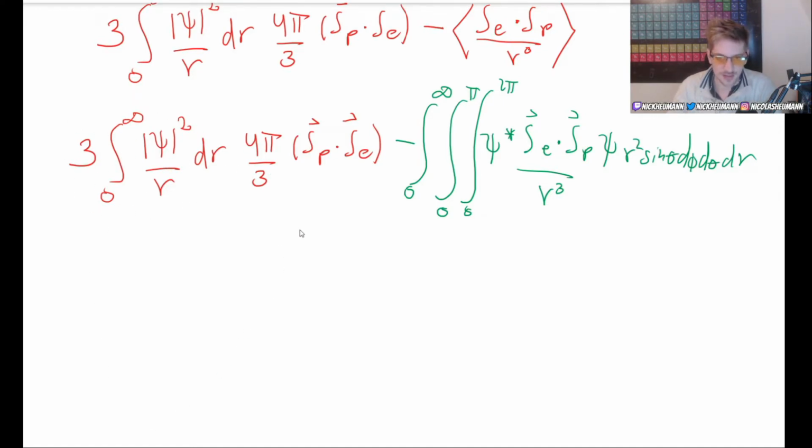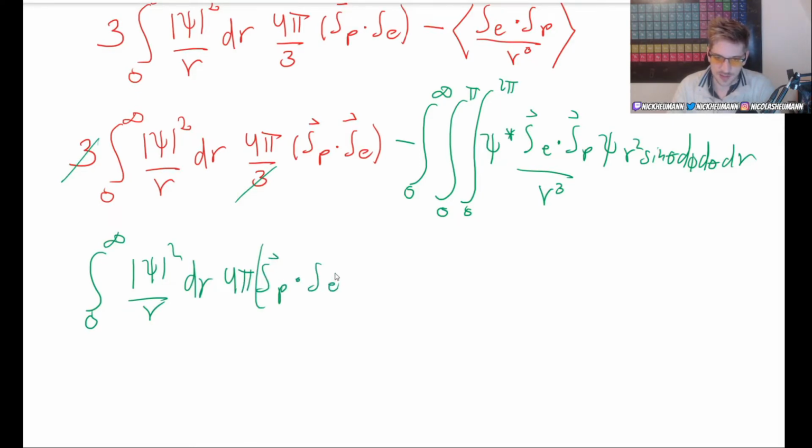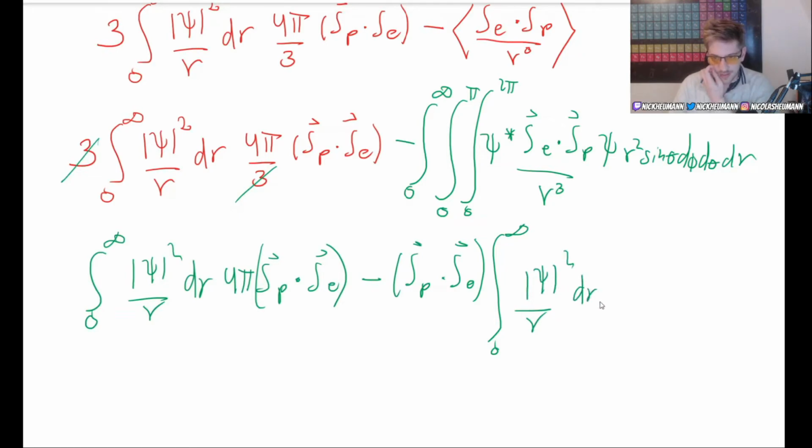So writing now the next part, we can simplify these two. We get the integral from 0 to infinity of psi squared over r dr times 4 pi Sp dot Se minus, and now let's factor out the dot product, Sp dot Se, I turned it around, it doesn't matter, the integral from 0 to infinity of psi squared over r dr, and then the integral from 0 to pi.